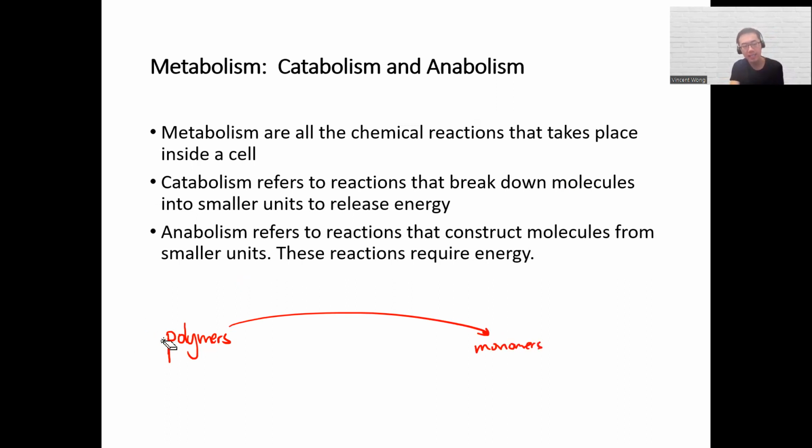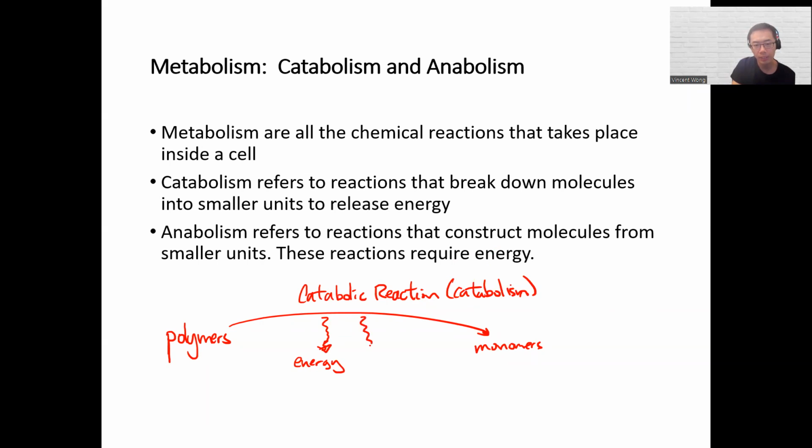If you take proteins and break them down into amino acids, that is an example of catabolism, or sometimes we say catabolic reactions. And that releases energy. It also releases a little bit of heat as well.